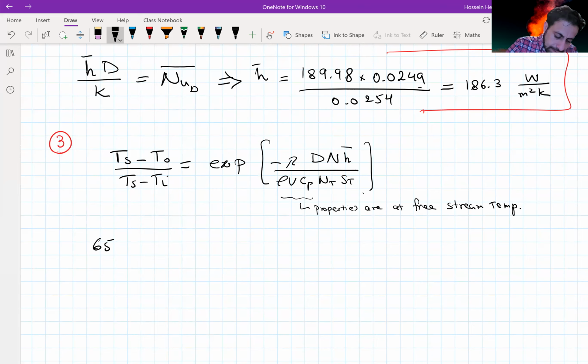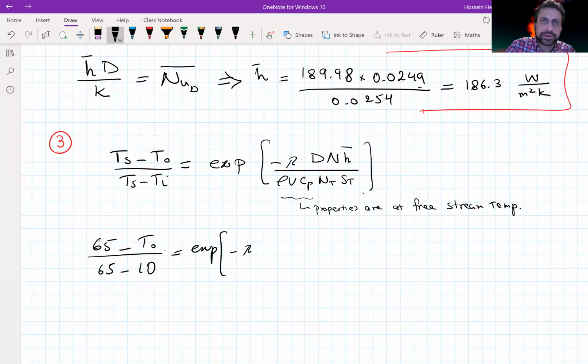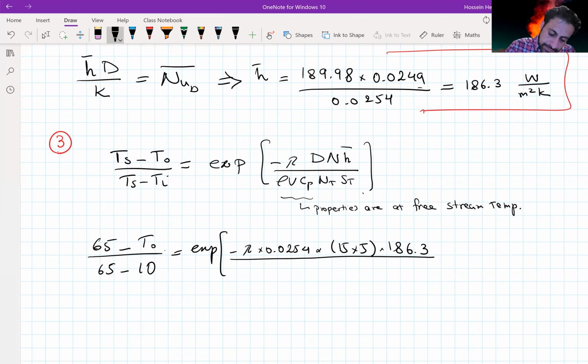So Ts is 65, To we don't know, T infinity is 65, and T inlet is 10. It would be the exponential of minus pi, D is 0.0254. The total number of tubes is 15 times 5, that's N, and the h average is 186.3.